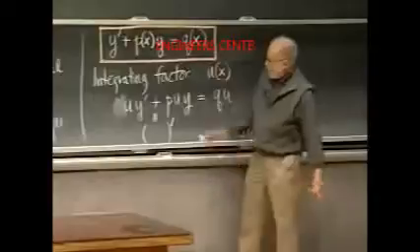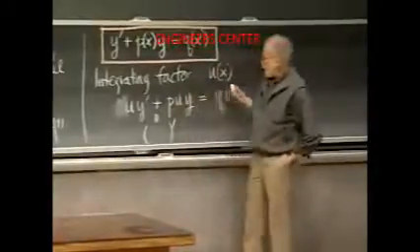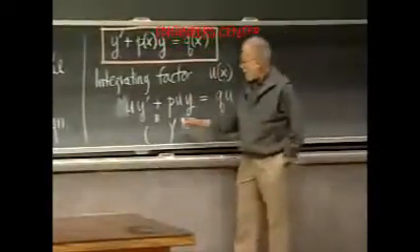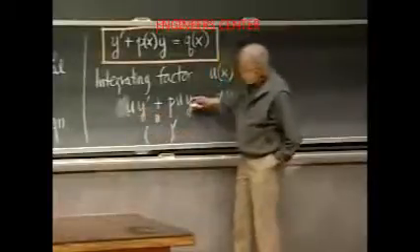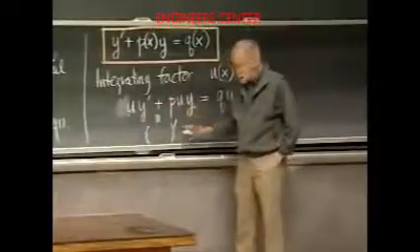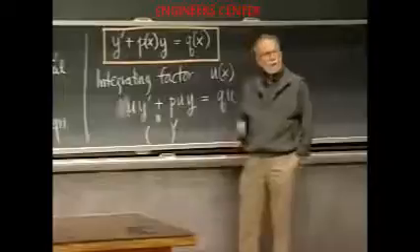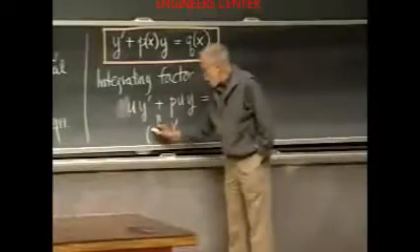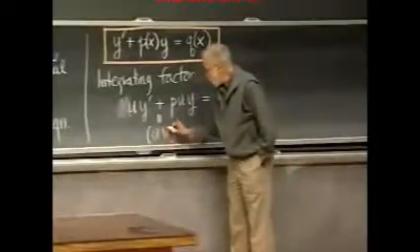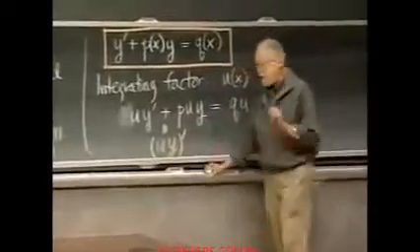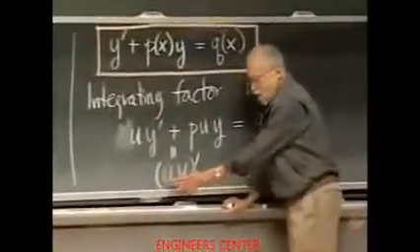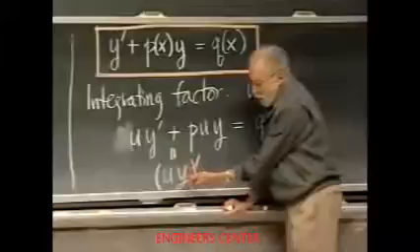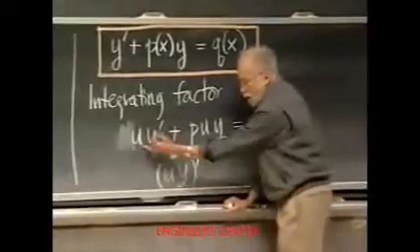Now, the only question is, what should I choose for u? Well, if you think of the product formula, there might be many things to try here, but there's only one reasonable thing to try. Try to pick u so that this is the derivative of u times y. See how reasonable that is. If I use the product rule on this, the first term is u times y prime.